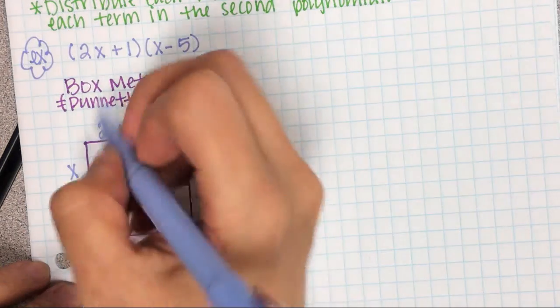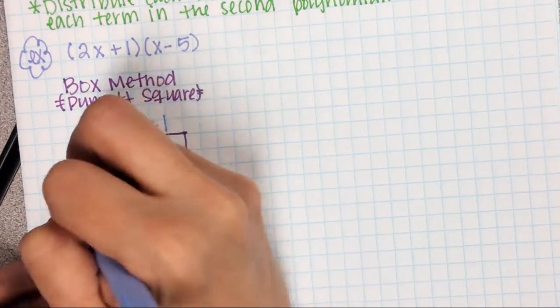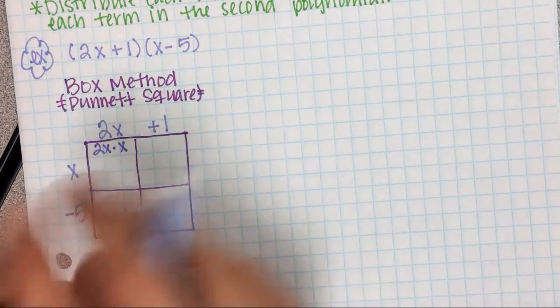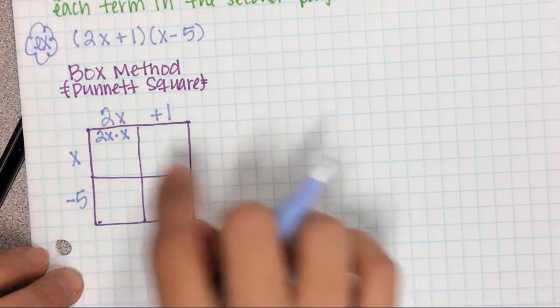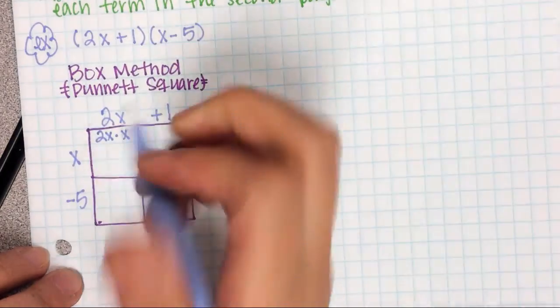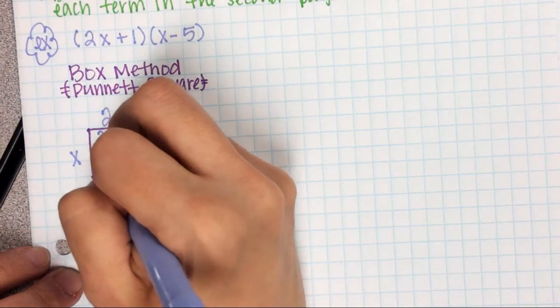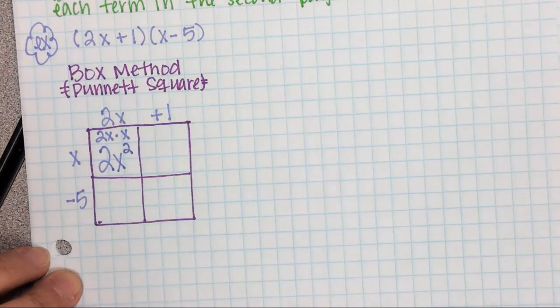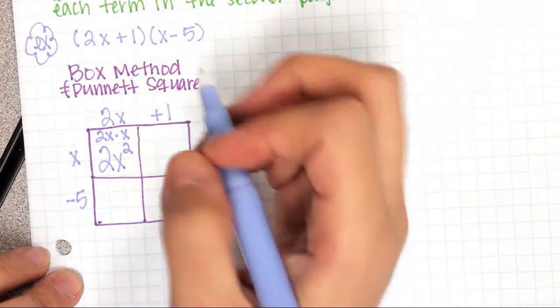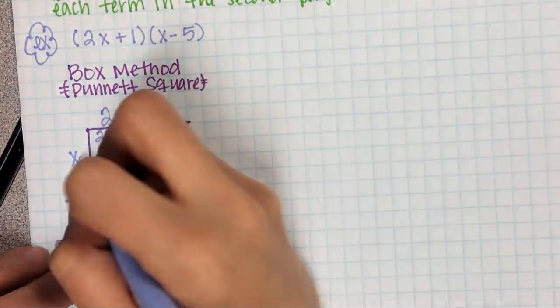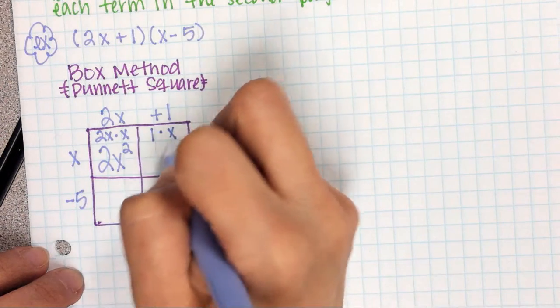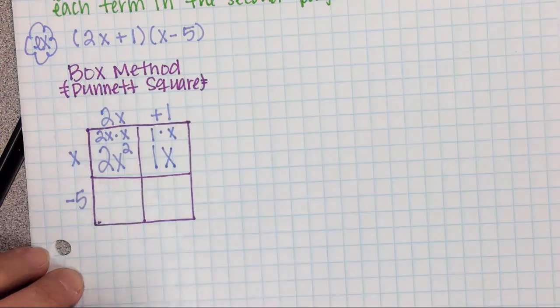So in this first square, it's going to be 2x times x. We take the top, take the side, multiply. When I multiply 2x times x, I get 2x squared. In my second box, it's going to be 1 times x. 1 times x is 1x.